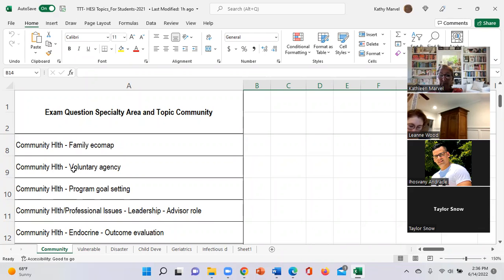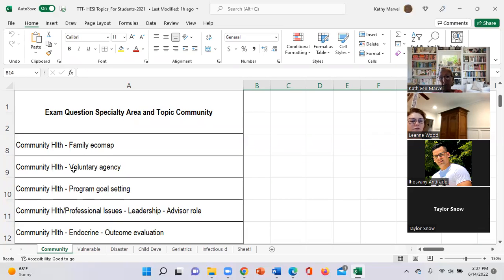Anybody else have any thoughts about what voluntary agency might mean? I think it's just volunteers, isn't it? Well, it's your partnerships you form in the community, your volunteer agencies that participate in helping out in the community.